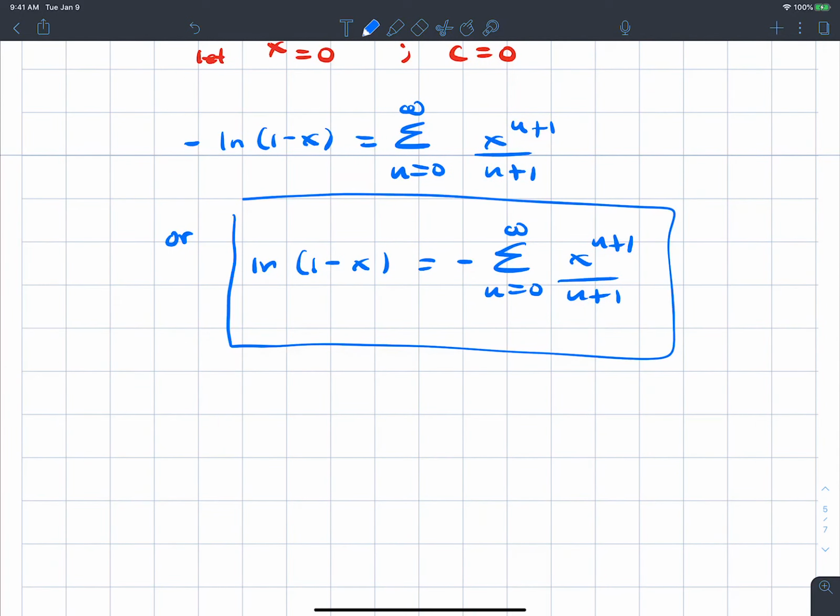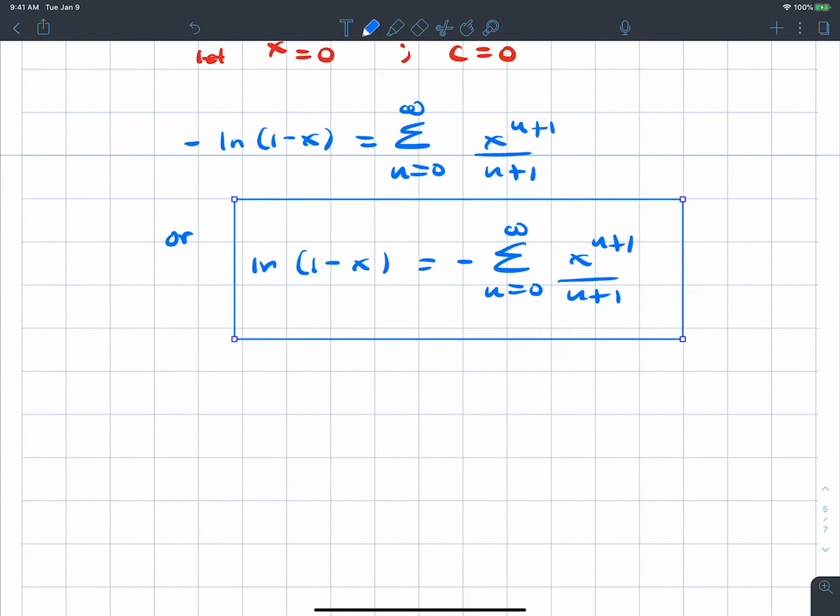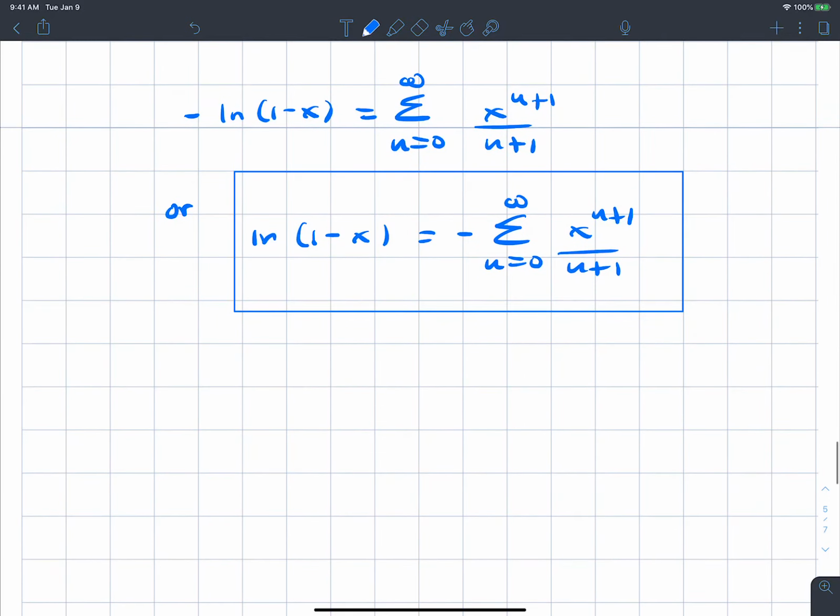So I developed another power series based on integration, and that's good for the absolute value of x being less than 1.